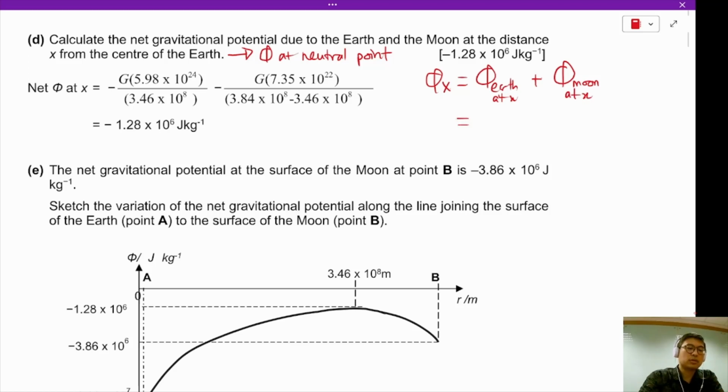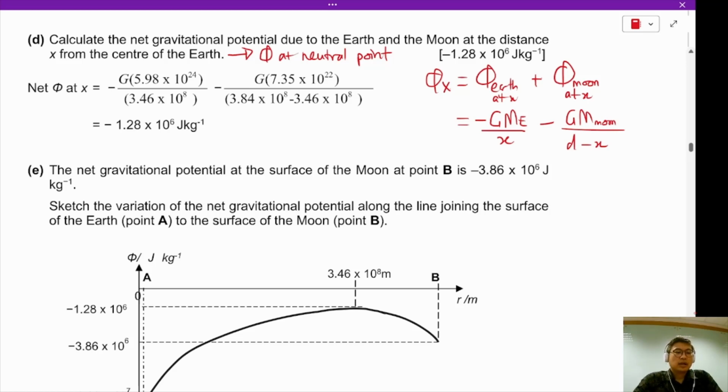So this will be minus G M Earth divided by x, because that's the distance from the Earth to that point, minus G M Moon over d minus x. So that will give us minus 1.28 times 10 to the power of 6.